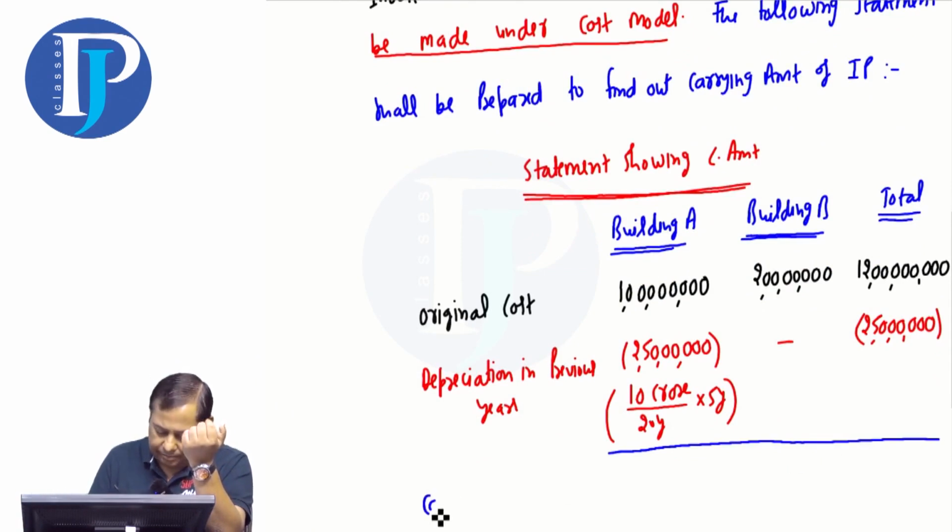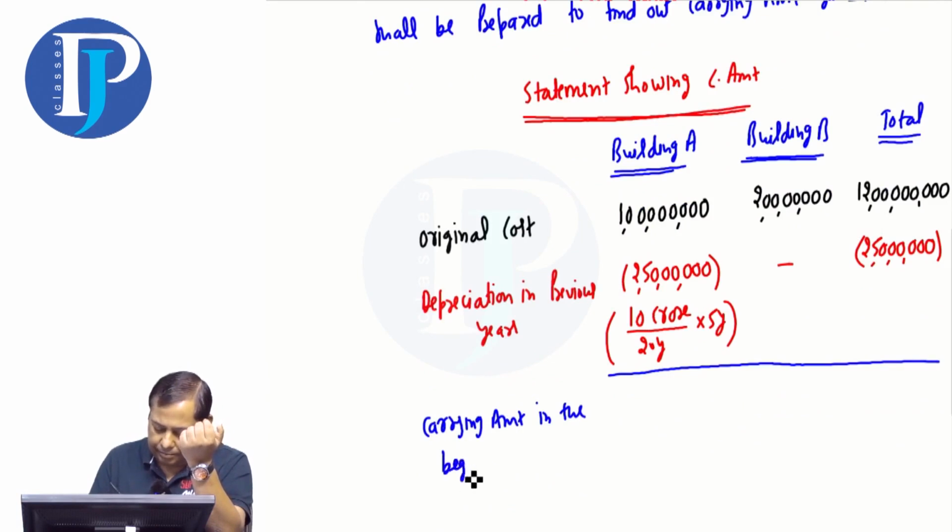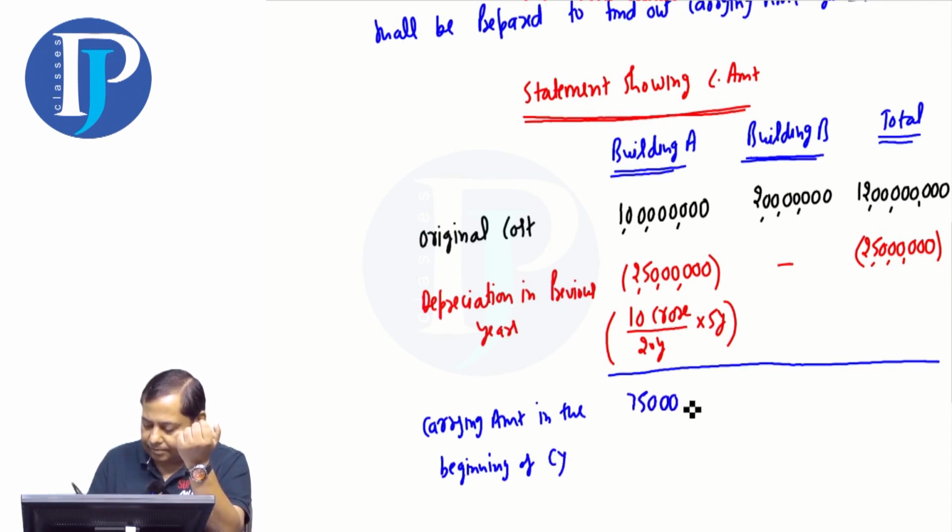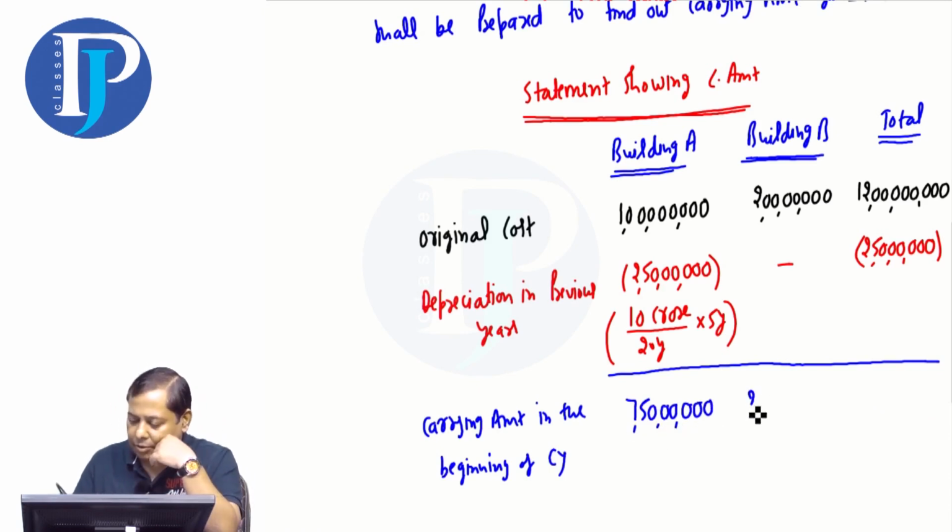So this will be the carrying amount in the beginning of the current year: here it's 7.5 crores, here it's 2 crores. Total 9.5 crores.